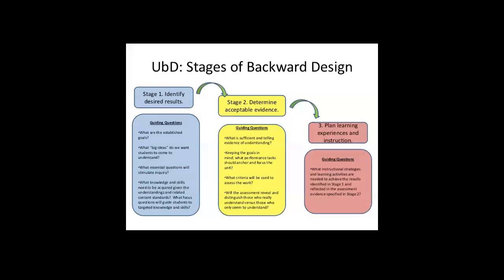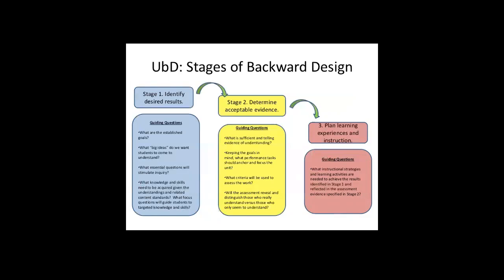Then you move to determining the evidence. When you're planning the course, ask yourself what you need to keep in mind in terms of the evidence, the assessments that you're creating for the students, and how those assessments will tell if someone is meeting the learning outcomes or not.